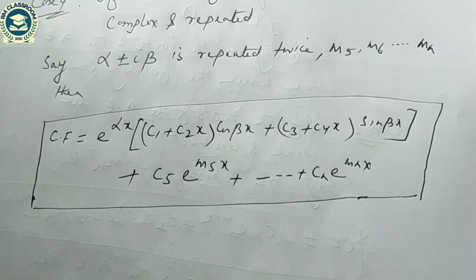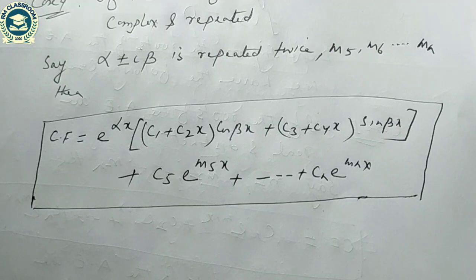Case 2: if the roots are real and repeated, say m1 three times and then m4, m5, up to mn, then the complementary function CF is equal to c1 plus c2x plus c3x square into e to the power m1x plus c4 e to the power m4x plus so on and so forth e to the power mnx.